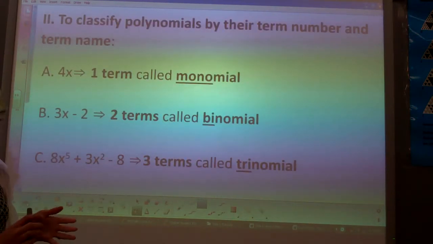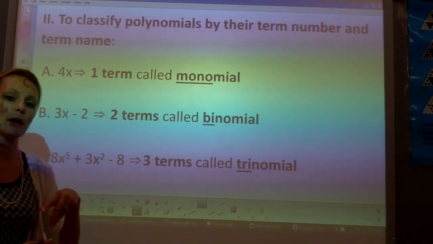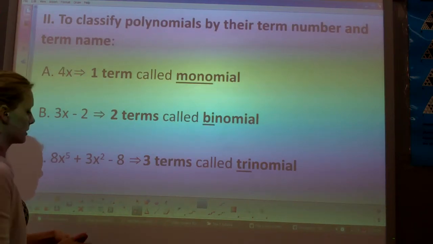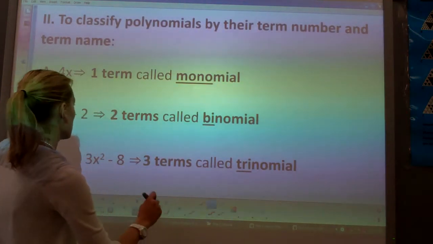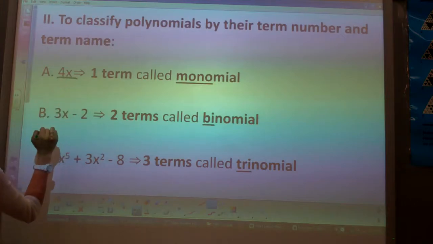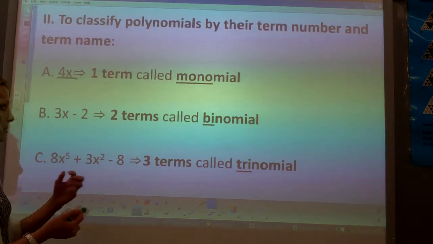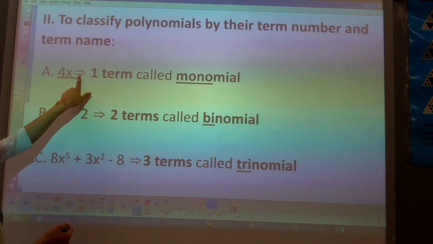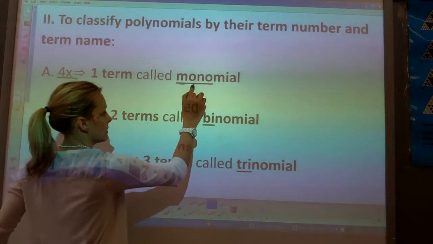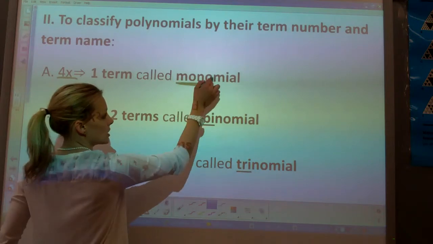Next, we're going to talk about classifying the polynomials by the number of terms that they have. So any polynomial that has one term, no plus or minuses in that polynomial, if there's just one, it's called a monomial. And mono actually means one.